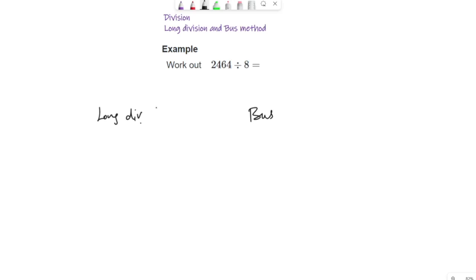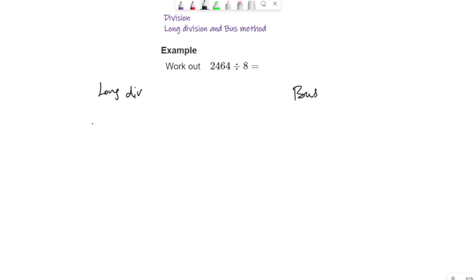So here the question says 2484 divided by 8, and same thing here, 2484 divided by 8.